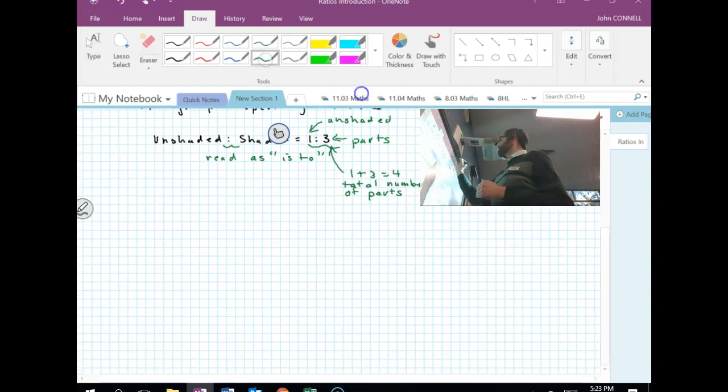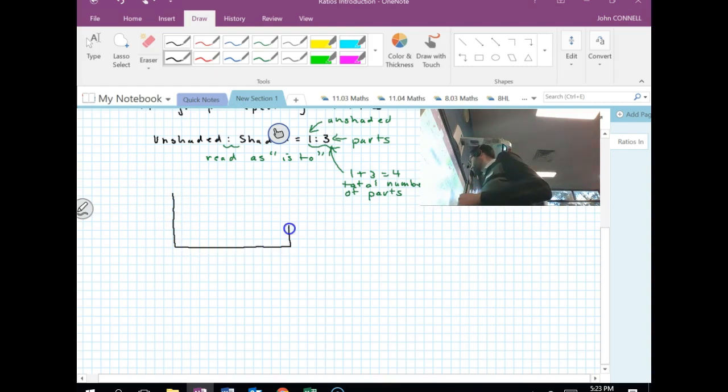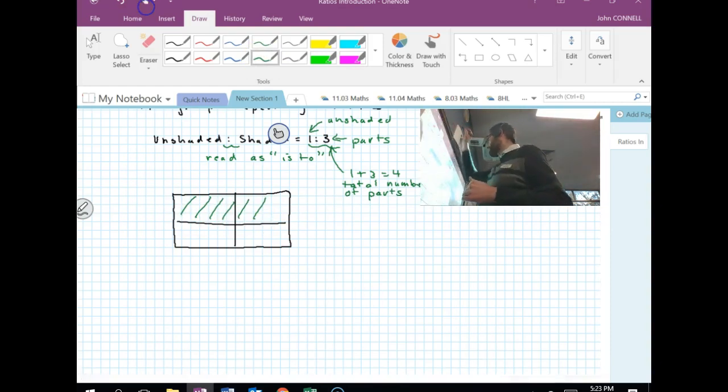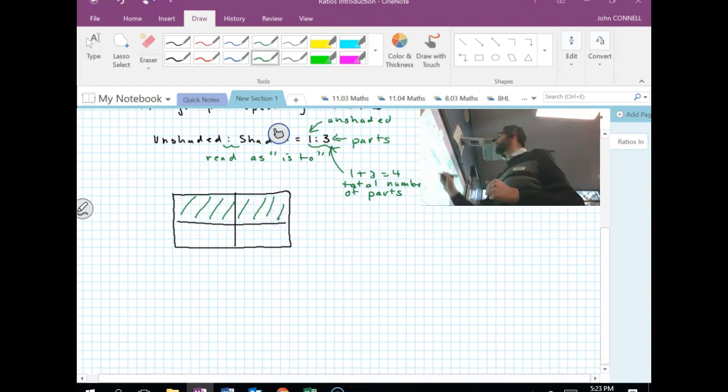A different example where we may also be able to use ratios is if I again have my rectangle, which I split into 4, but then I color different areas. I'm going to color the top 2 green, and then this one down here red, and then the other one blue.